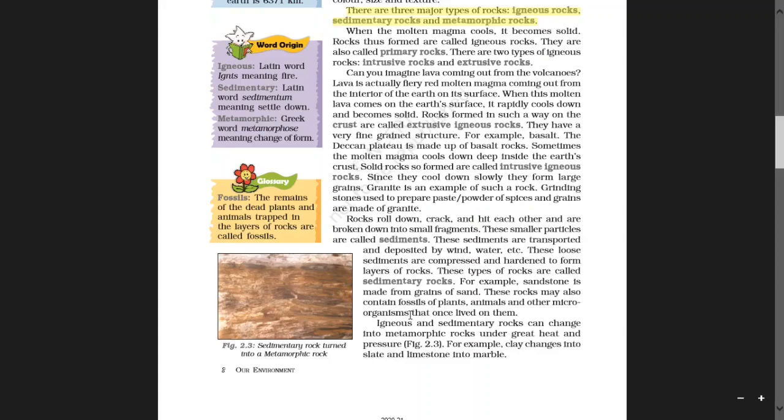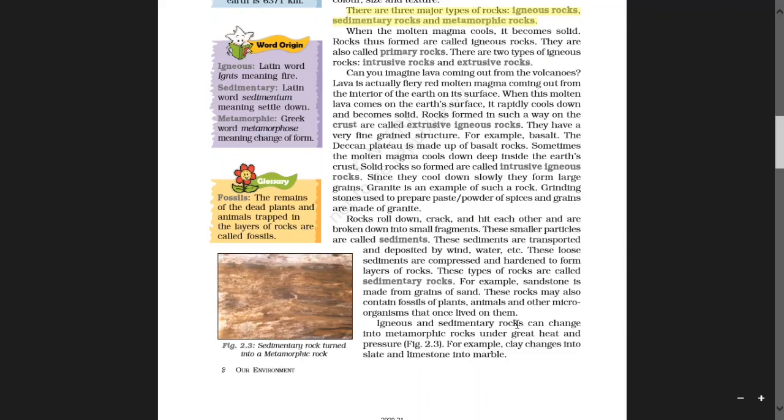Fossils, as I have already told you, are the remains of dead plants and animals that lived thousands of years ago. Micro means a very small thing which can be seen with a microscope.